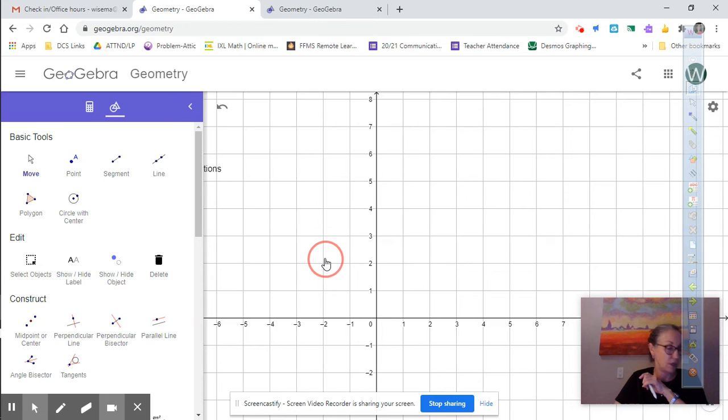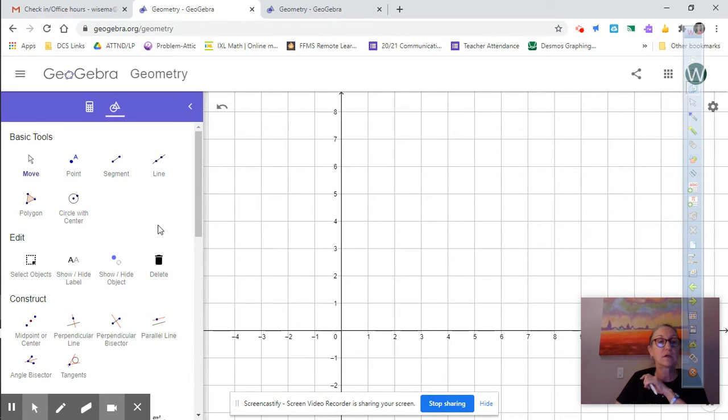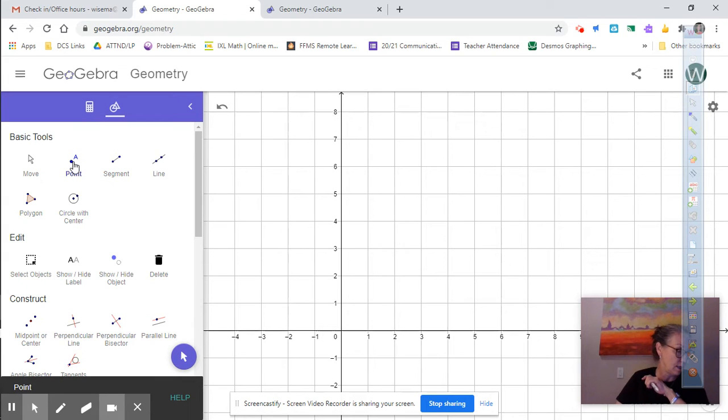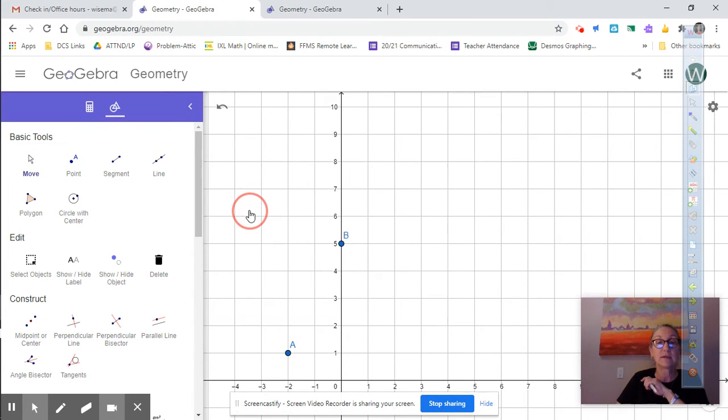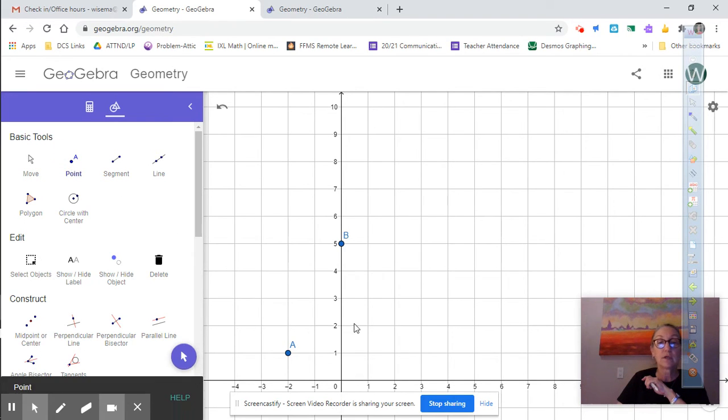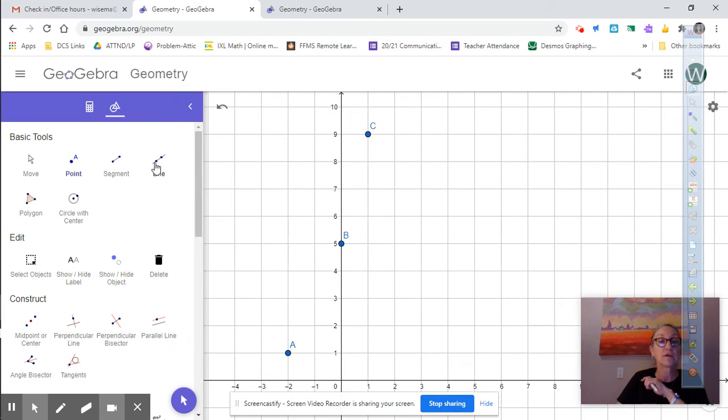Let me rearrange this. I think this will work. All right, so let's get my point. I need -2, 1. So -2, +1, bam. I need 0, 5, bam. I need to move this down because I think I need that 9 up there. Let's do +2, 9. +2, 9 is here. I'm going to go get my line.